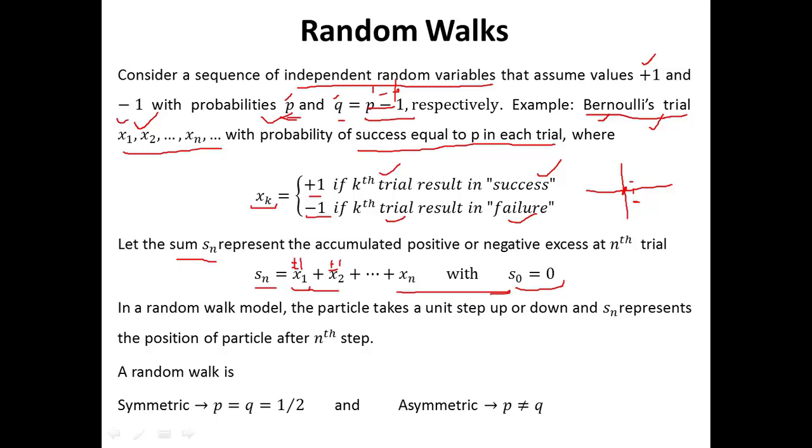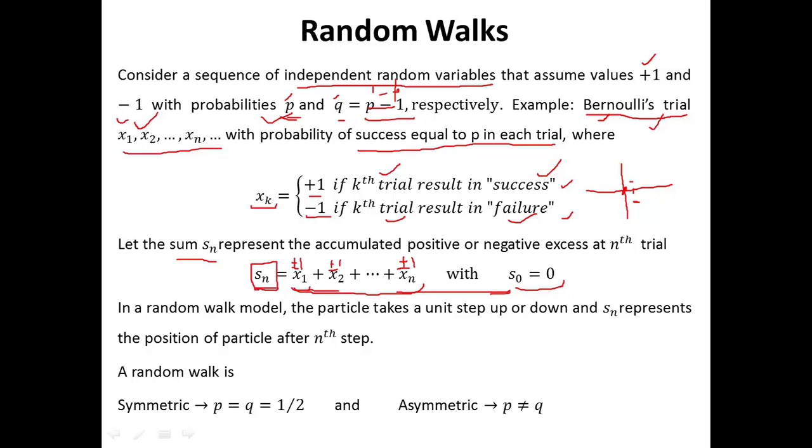So correspondingly, the last trial xn in this series will also represent either +1 value or -1 depending nth trial results into success or failure. So if we add up all these values of +1 and -1 depending the actual cases of success and failure, then we call this as sum Sn.